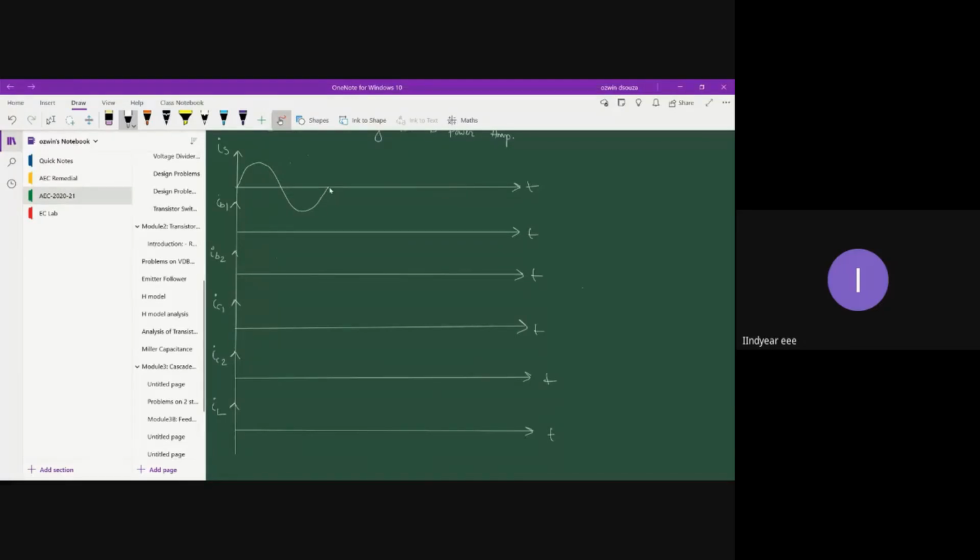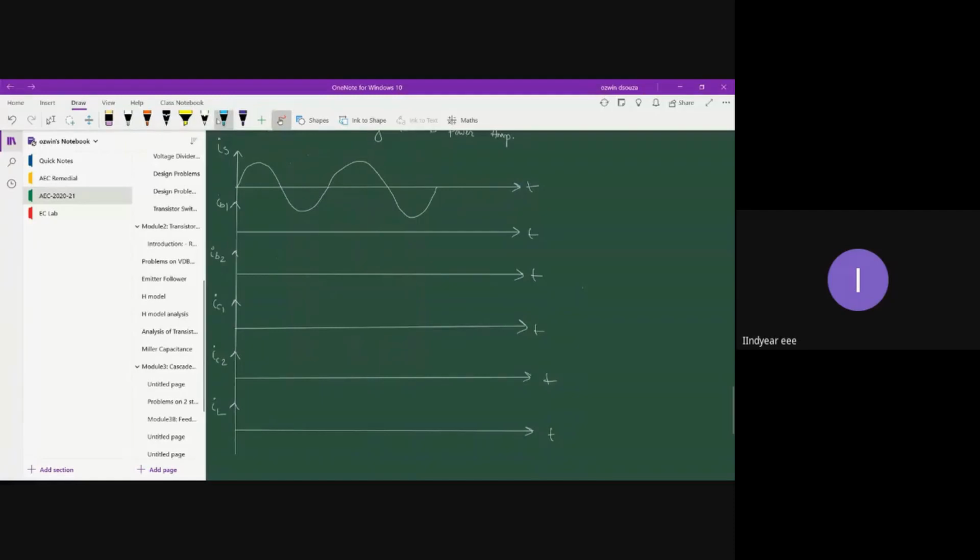Two cycles should be fine, I think. Once I draw the source current signal, I can draw the guidelines.